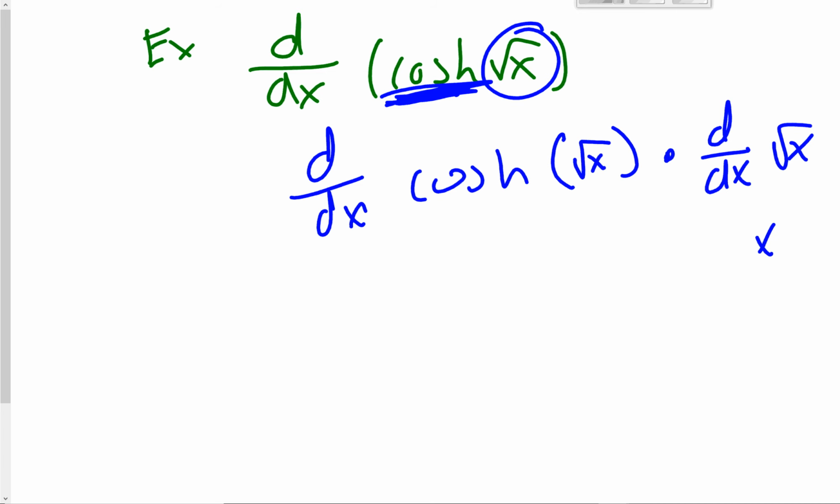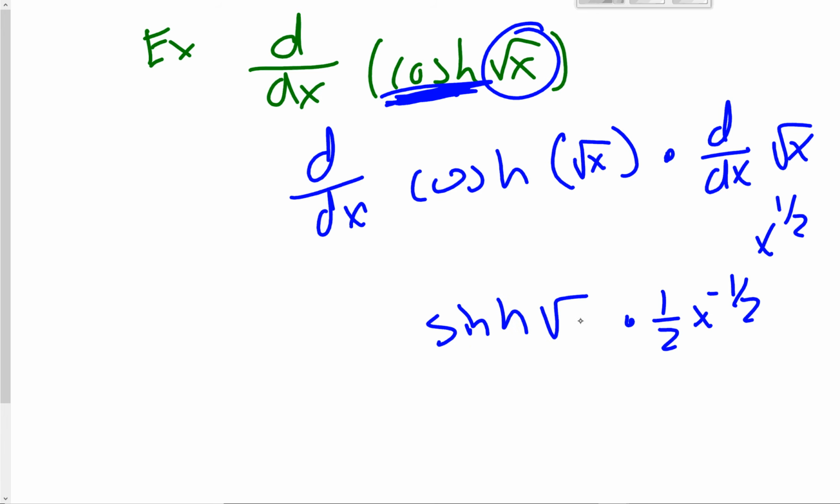This is just to the 1/2, right? So the derivative of that would be 1/2 x to the negative 1/2, and then times by the derivative of hyperbolic cosine, which is hyperbolic sine. You leave that inside the same. So there we go. There's our answer. You can rewrite it maybe with this in front, and you could bring that down if you wanted to.